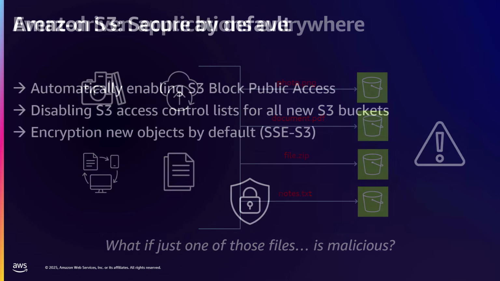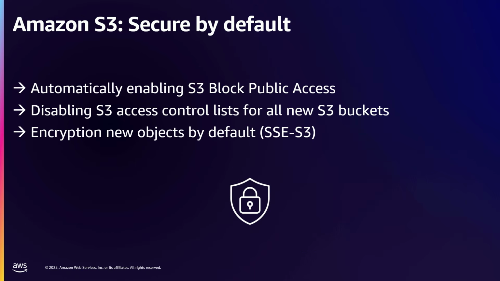As you know, Amazon S3 is secure by default with lots of good features, such as encryption for new objects by default, disabling S3 access control lists by default, and, because public access is the most dangerous one, automatically enabling the S3 Block Public Access feature.